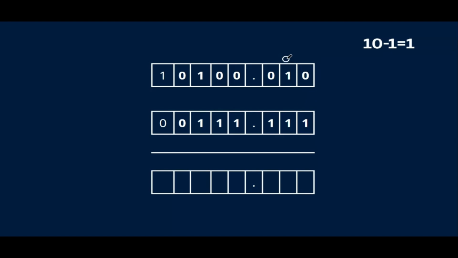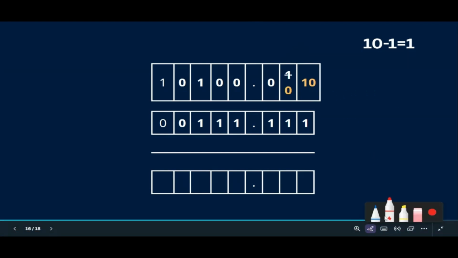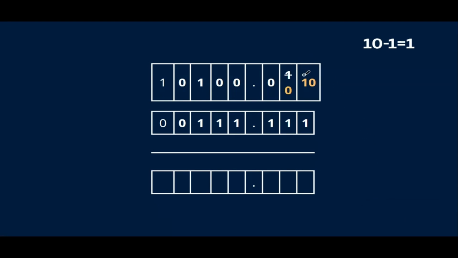So borrow needs to be done from this bit to here. After the borrow, the LSB becomes 10. And since borrow was performed from here to here, this 1 becomes 0.